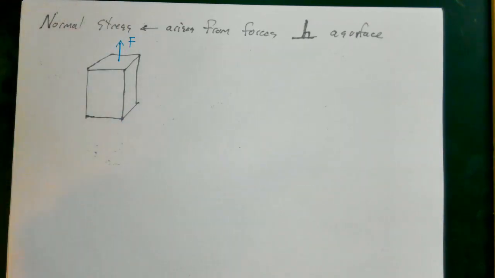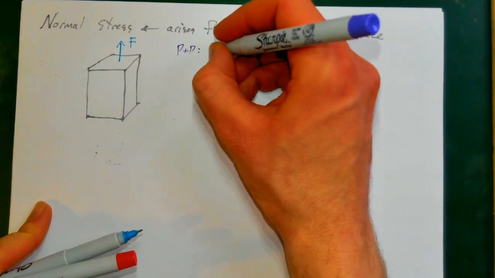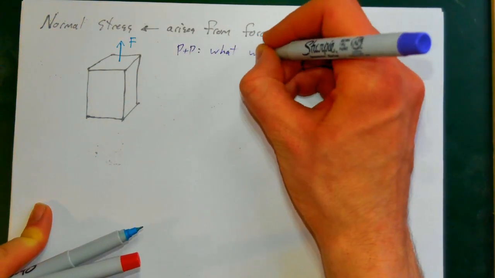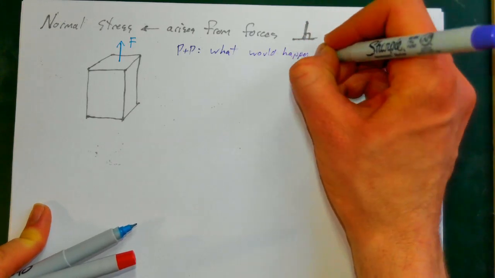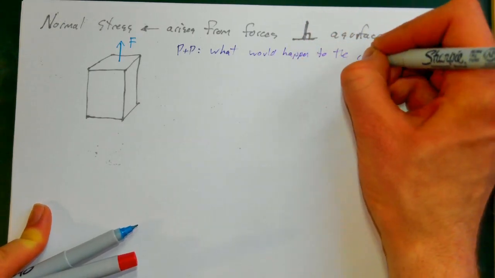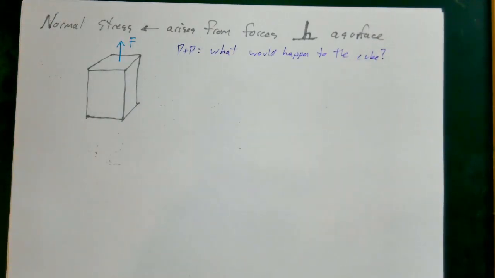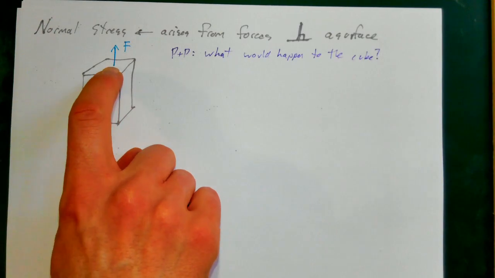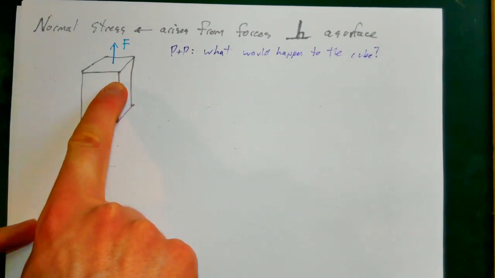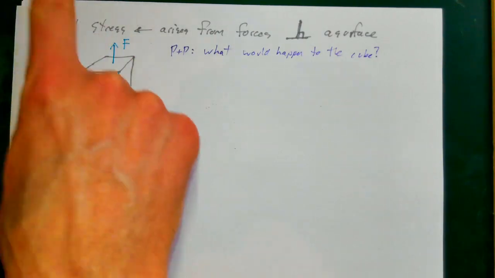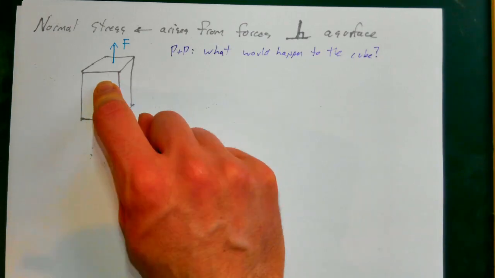Take a moment now, pause and ponder, what would happen to the cube? Well, if I applied just one force this way, this cube would start accelerating out of the page, out of the field of view, right? Force equals mass times acceleration.